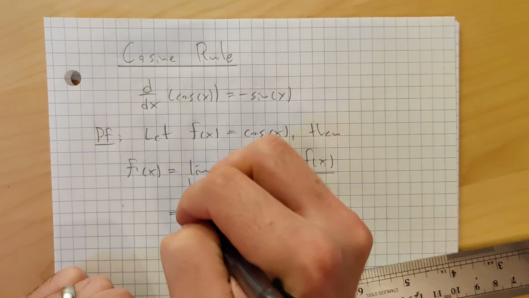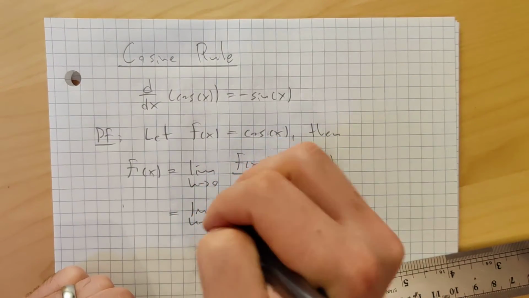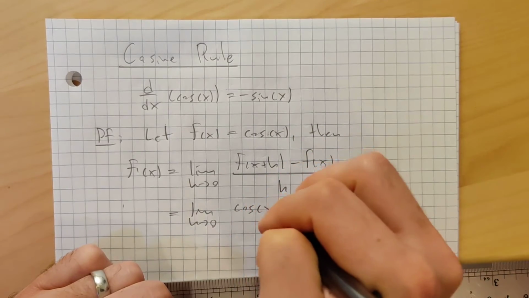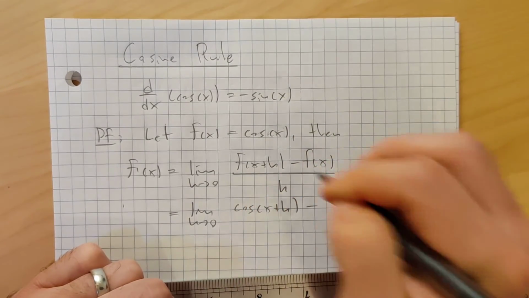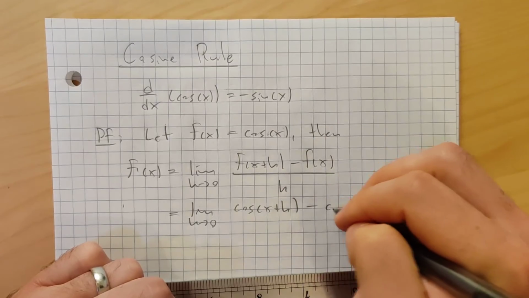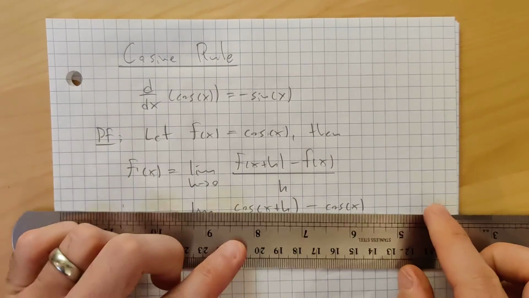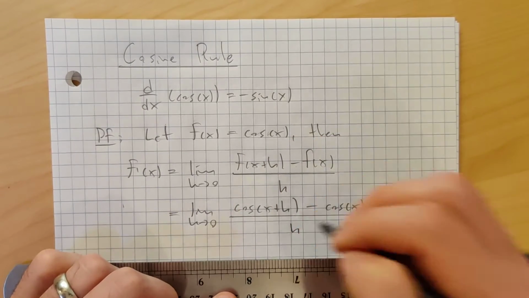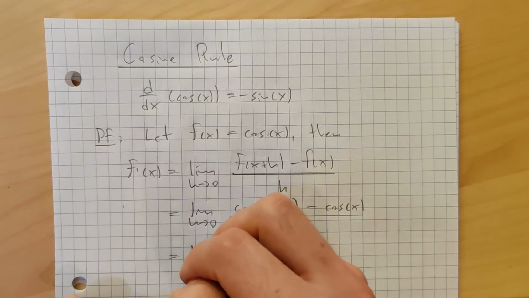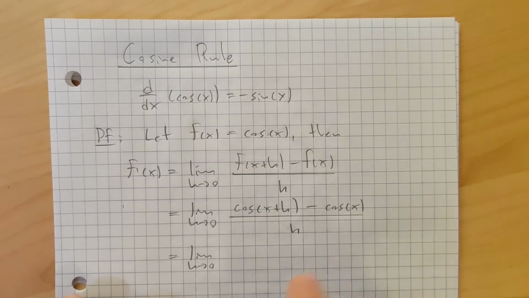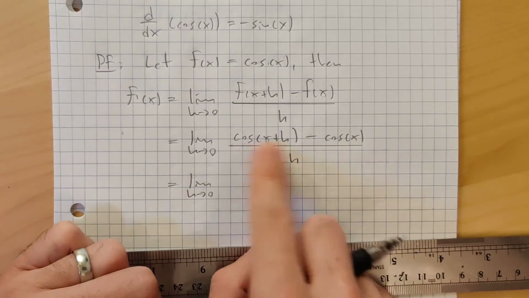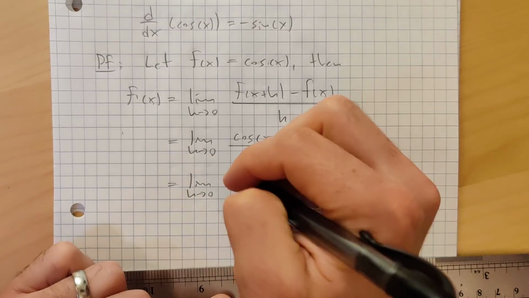So filling everything in, f of x is cosine of x, so f of x plus h is cosine of x plus h, minus f of x, which is cosine of x, all divided by h. To evaluate this limit, we're going to expand this out using the cosine sum law.